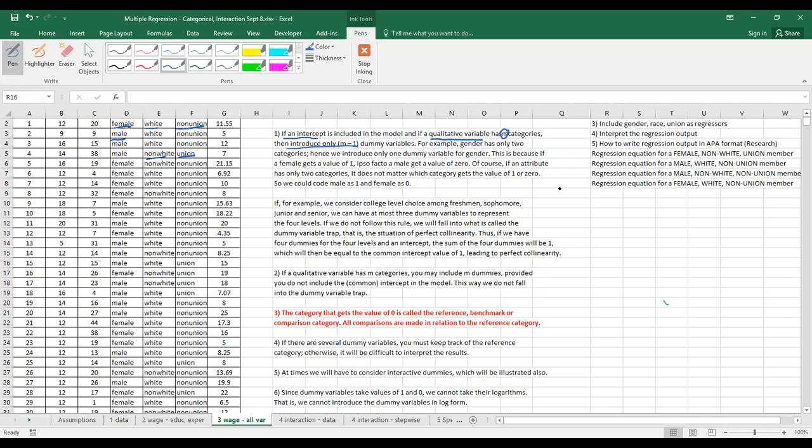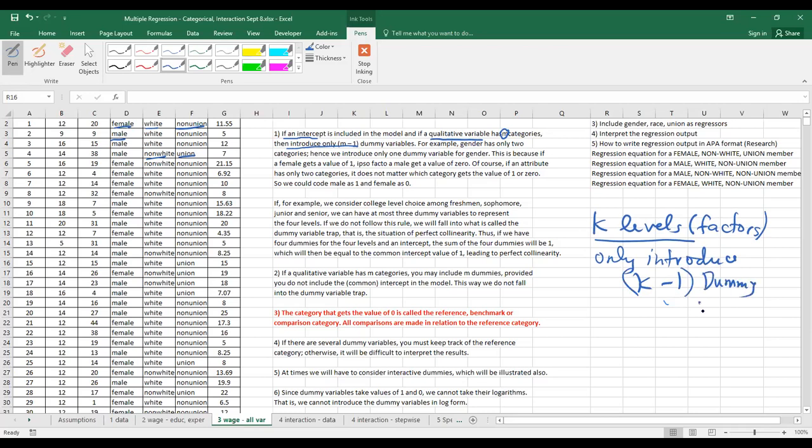Ang rule guys, if there are k levels, or we know this as factors, then only introduce k-1 dummy variables. Ano yung dummy variables, guys?